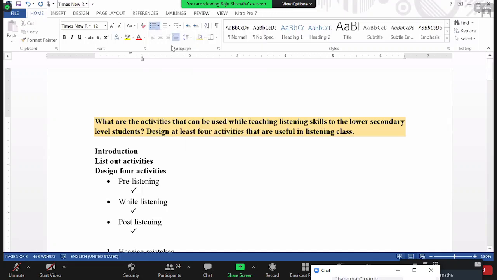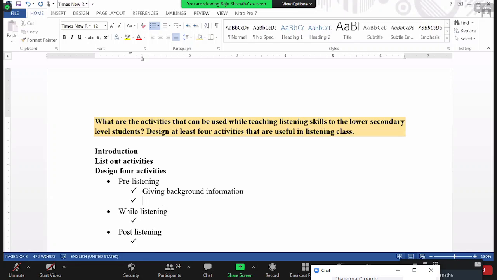Yes. So, for example, giving background information, vocabulary discussion, picture discussion, describing, predicting topic by the help of keywords.